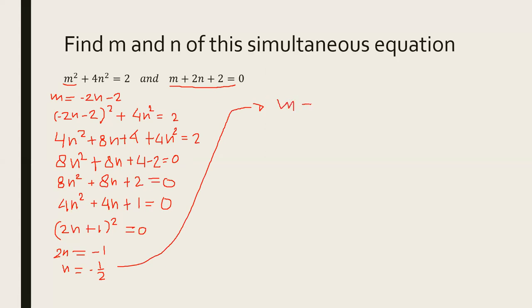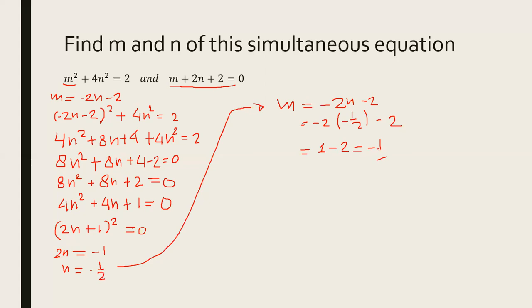So if n equals negative a half, it means m equals negative 2 times negative a half minus 2, which equals 1 minus 2, equals negative 1.